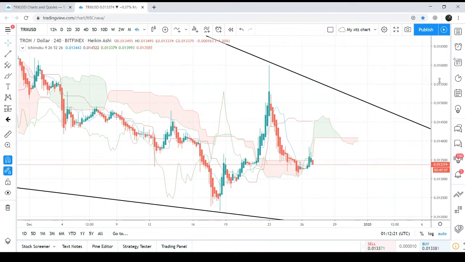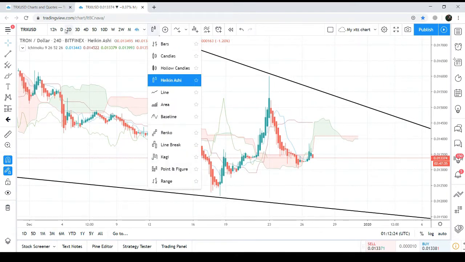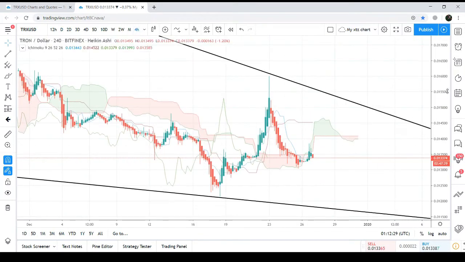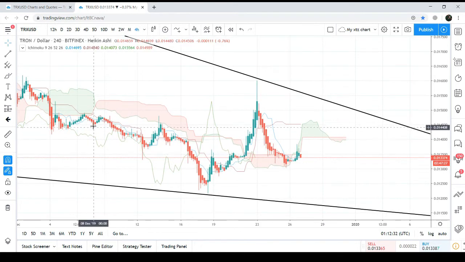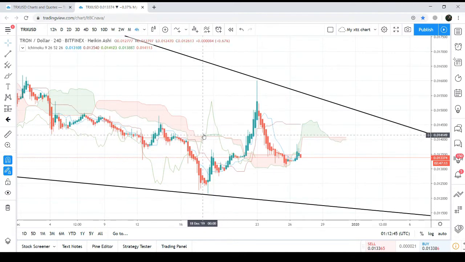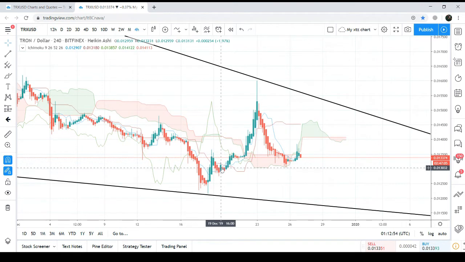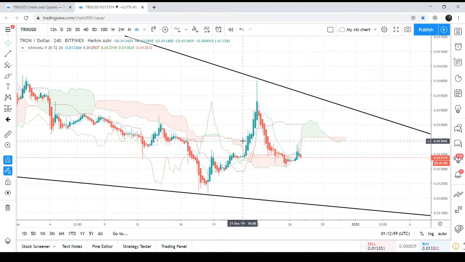Then we can see here that the cloud turned bearish on 8th of December 2019, and after that for some time period it turned bullish, but that was very weak bullish, and turned bearish again, but the candlesticks crossed up the cloud because the cloud was very weak here, even it was very weak bearish.